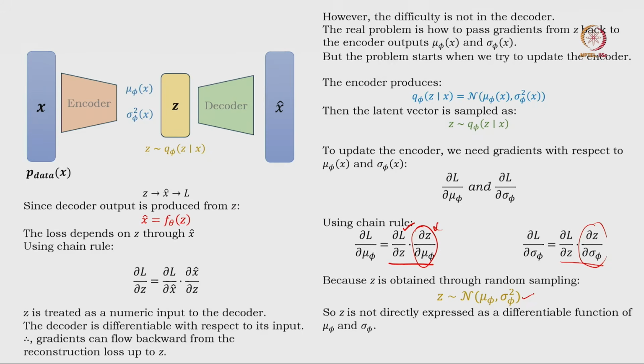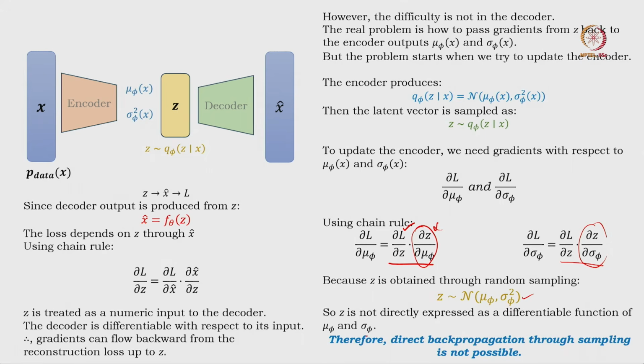When z is sampled from this distribution, z is not directly expressed as a differentiable function of mean and sigma. Therefore, there is a problem at this point of time. Direct backpropagation through sampling is not possible. So, because of this, we require a concept called the reparameterization trick.